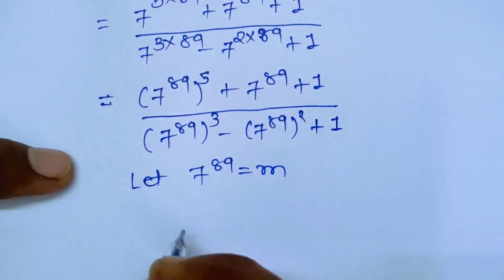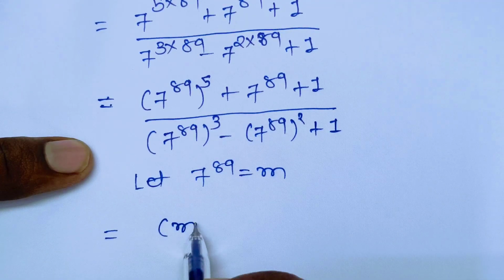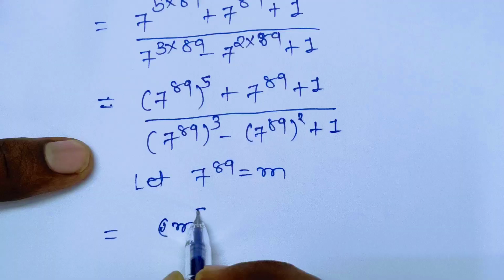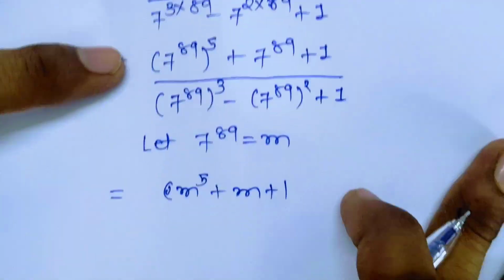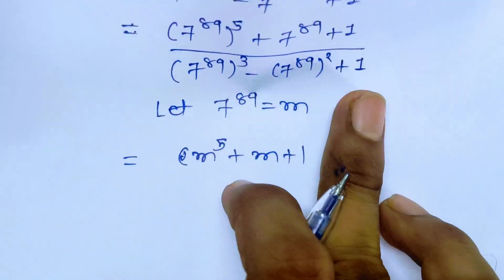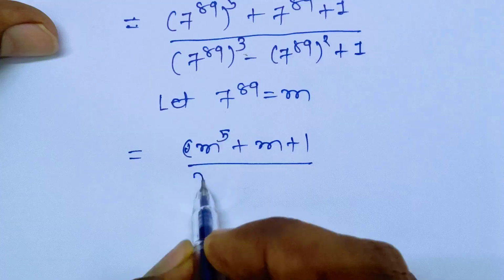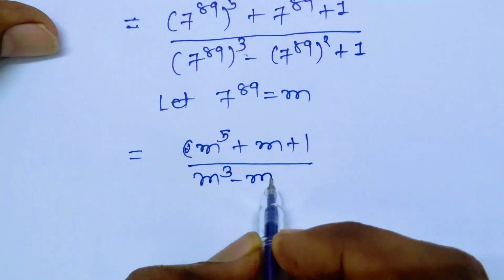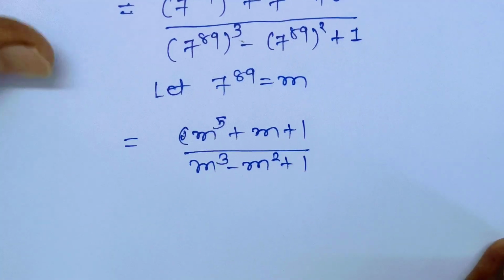Now put m. Therefore this is equal to (m^5 + m + 1) divided by (m^3 - m^2 + 1). Up to this is clear.